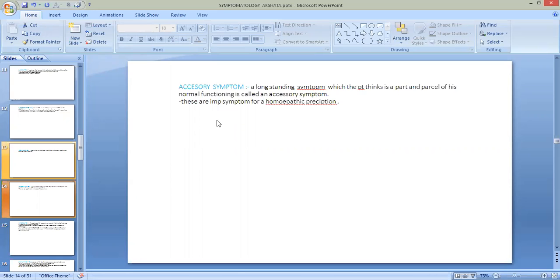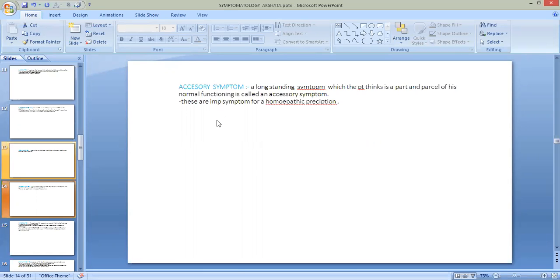So he thinks that it is not a symptom because it is long standing, and according to the patient this is part and parcel of his normal functioning. So this is called an accessory symptom.